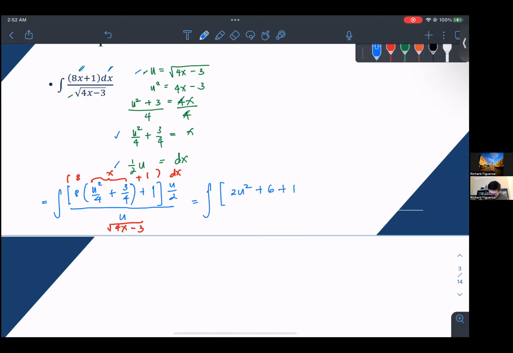And plus 1, use u over 2, and divide it with u. So by the way, sorry, that should be u du.